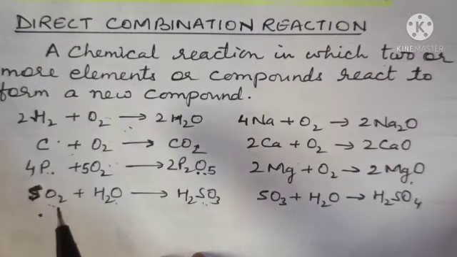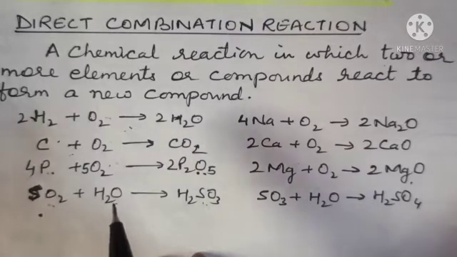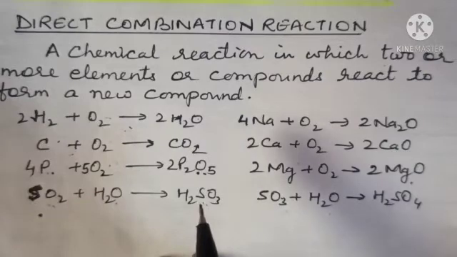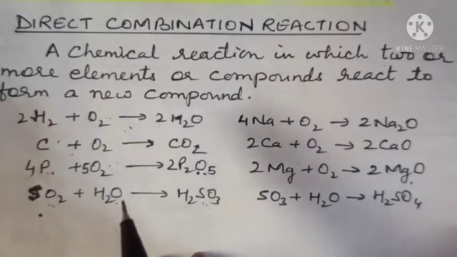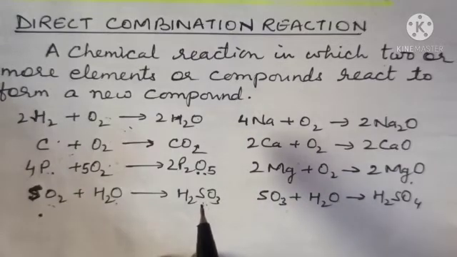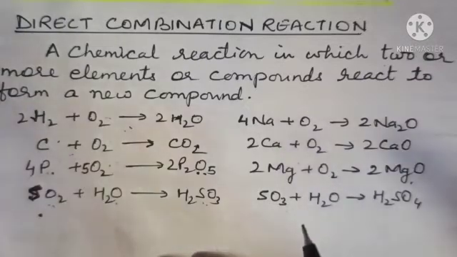Now just look at this example. Here sulfur dioxide is a compound, and water is also a compound. So 2 compounds react and give a new compound. These 2 compounds, sulfur dioxide and water, form sulfurous acid, and it is a new compound. In the same way, sulfur trioxide when it reacts with water forms sulfuric acid.